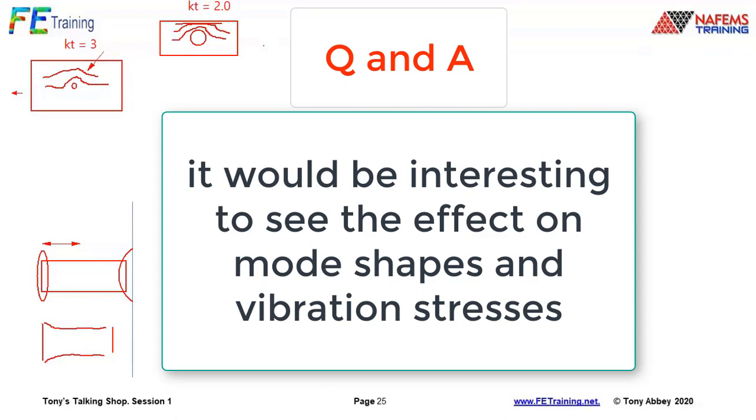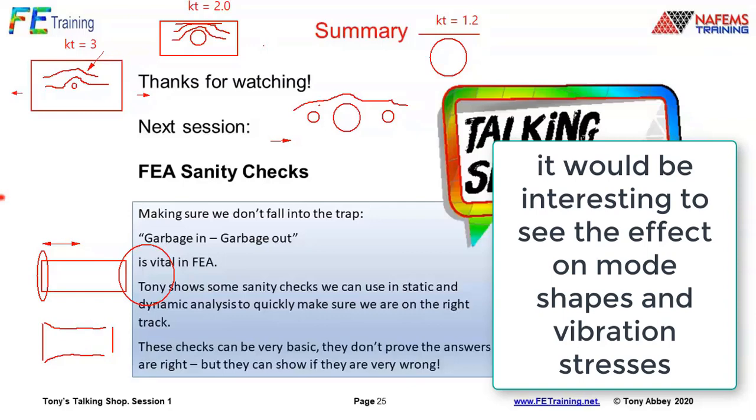In dynamics with normal modes, sometimes what we find is that local features are not important because the mode shapes are not influenced by that. One example I'm thinking of is on the dynamics training course, a sign gantry which has a base, a tall pillar, and then a horizontal member coming across here. What we find in that case is that how we constrain the base is actually not important, whether we put, say, 4 bolts or fully build it in, until we get a certain frequency content.